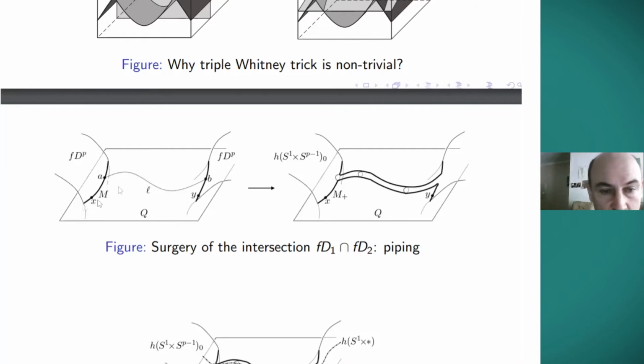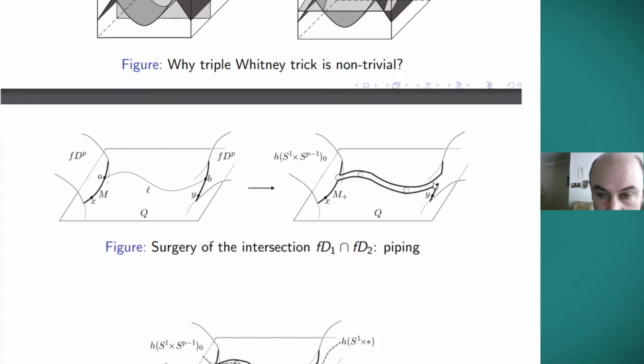So this bold curve shows the double intersection. And the idea is to make a surgery, that is to replace this union of two, the idea is to join these 2 points by a tube running along a curve L in this manifold Q. Q actually is the 3rd disk in this example.